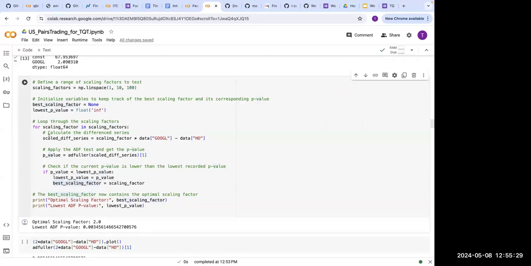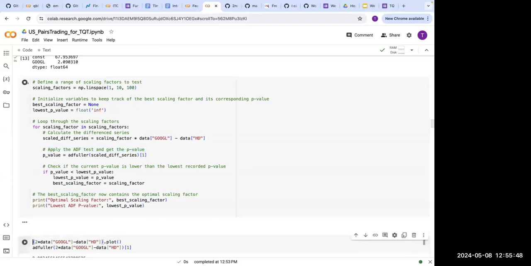How did I do it? Again, just the difference in the data as a series of Google and Home Depot, and I apply the Adfuller test. The Adfuller test gets you this p-value, and I'll probably give a quiz question on the definition of this.